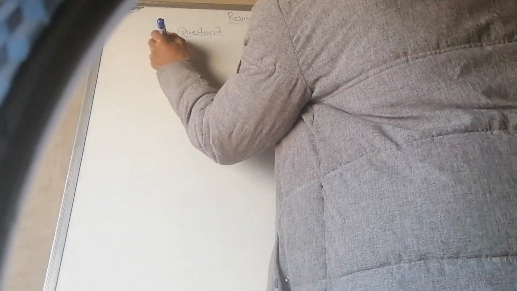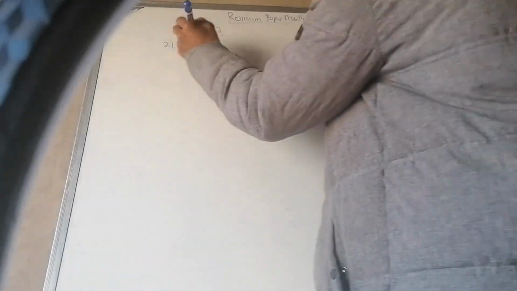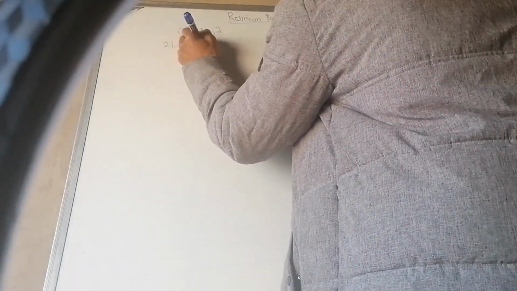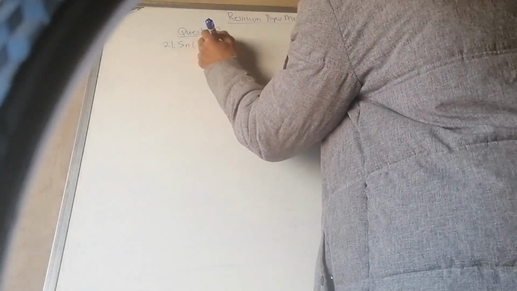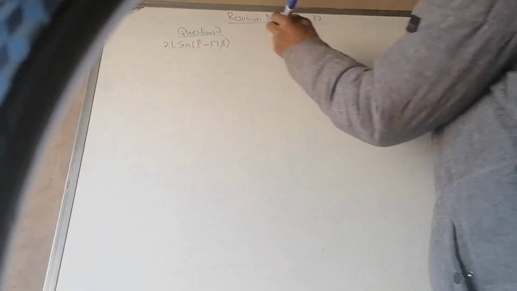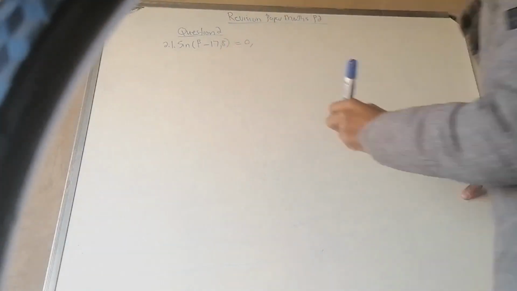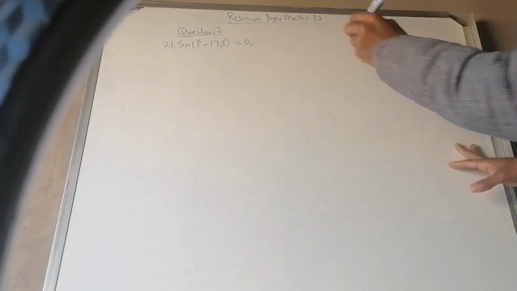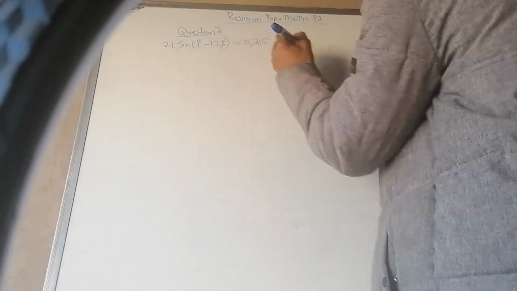Now, in question 2, determine the acute angle beta to 2 decimal places. In 2.1, they say the sine of (beta minus 17.8 degrees) equals 0.215.